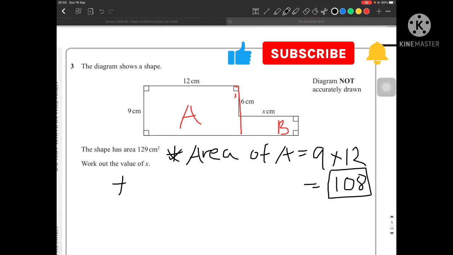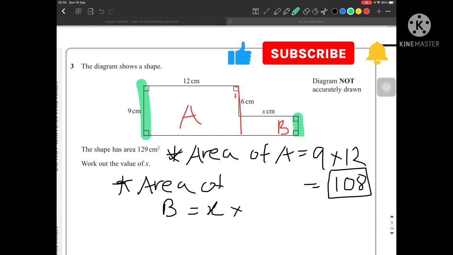Area of A and area of B equals, now x times what? That is what we need to find. So guys, we need to find this length. This length is equal to this whole length subtract this length, which gives us 9 minus 6, which is equal to 3.